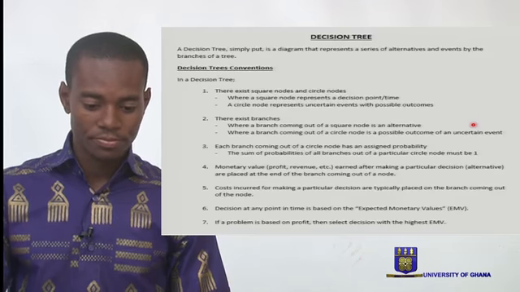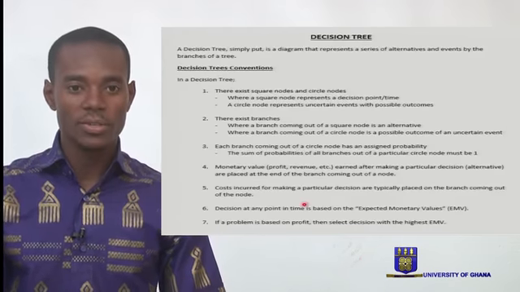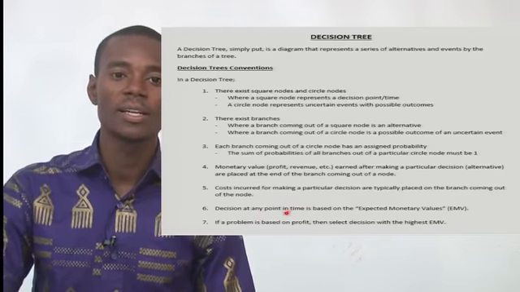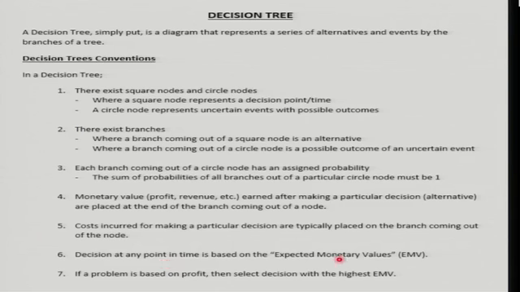That is just the basic thing with decision trees. Okay, so here we say that decision trees at any point in time are based on the expected monetary value approach.